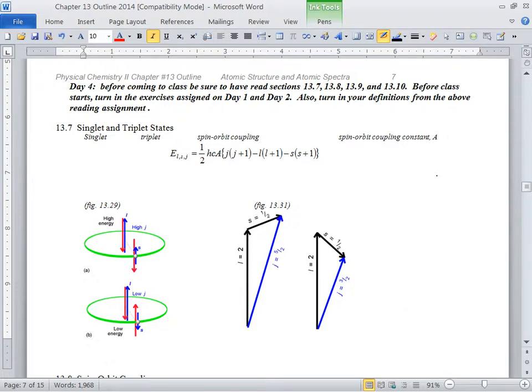A hint is the Clebsch-Gordan coupling, L plus S all the way down to L minus S. It's angular momentum, but it's total angular momentum.